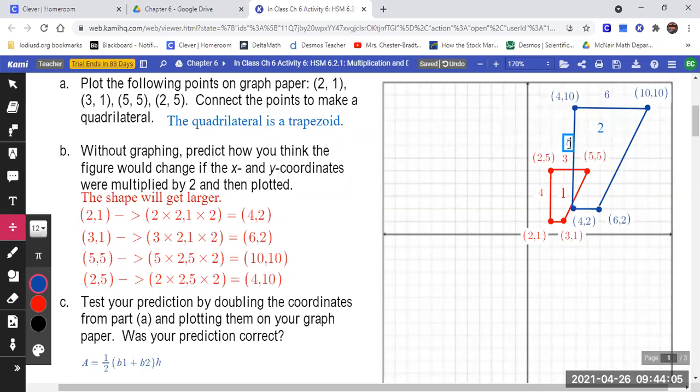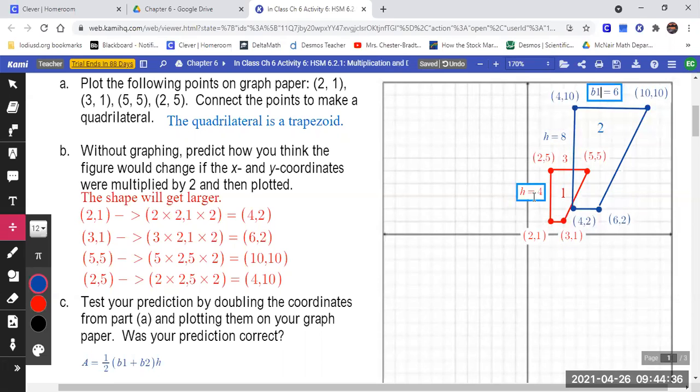Now, this one that's straight up and down, this is our height. So that's our H for our formula. So I'm going to put that in there so we know that's our H. Now, height is always straight up and down. This top is base 1 for both of them.